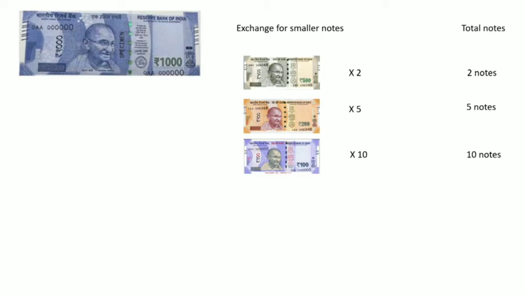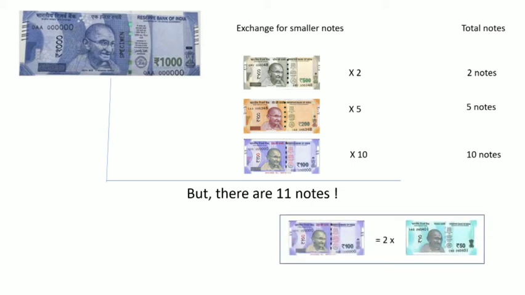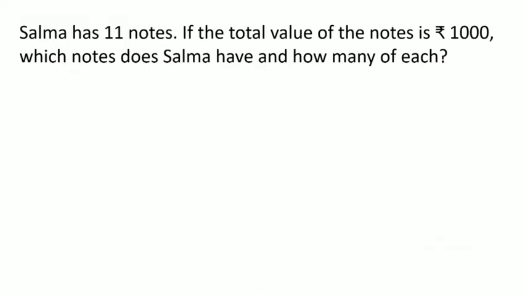But there are 11 notes. So we will exchange one 100 rupees note into 2 50 rupees notes. So we will get 9 100 rupees notes and 2 50 rupees notes.